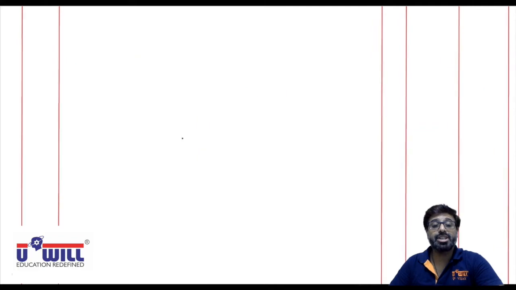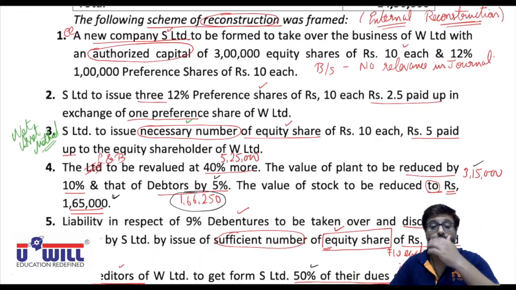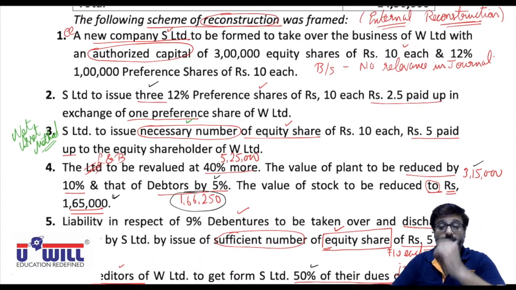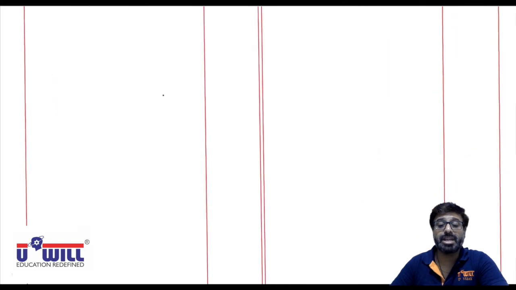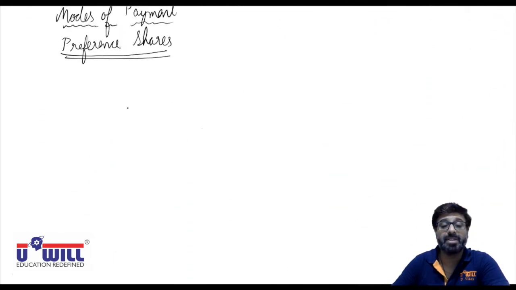Look at adjustment number 2: to issue 3 12% preference shares of 10 each, but only 2.5 paid up, in exchange of 1 preference share of W Limited. Now, the second part we will take first. For 1 share, 3 shares are issued.